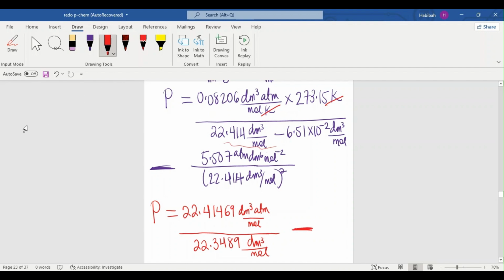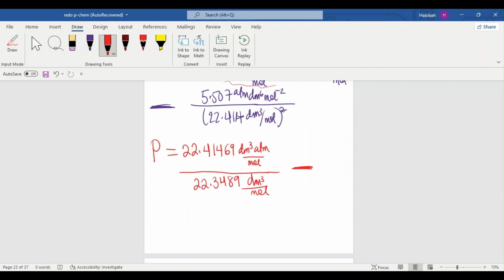Minus the other part, 5.507 atmosphere dm6 per mole squared, divided by 22.414 dm cubed per mole all squared. That's going to give you 502.3874 dm6 per mole squared.